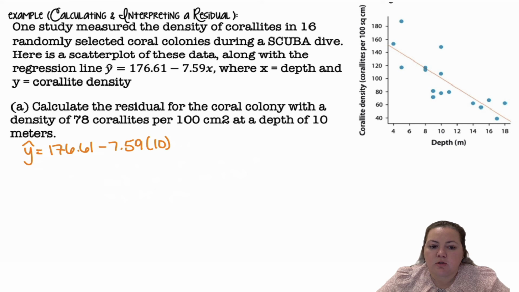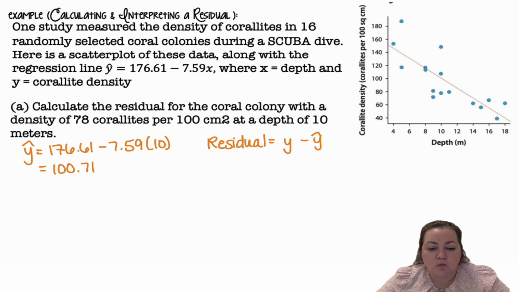We want the residual, so I'm going to have to find the predicted y value with a depth of 10 meters and then subtract that from the actual y value. All right, so I'm plugging 10 in for x, my depth in meters, and that gives me a predicted y value, or corallite density, of 100.71.